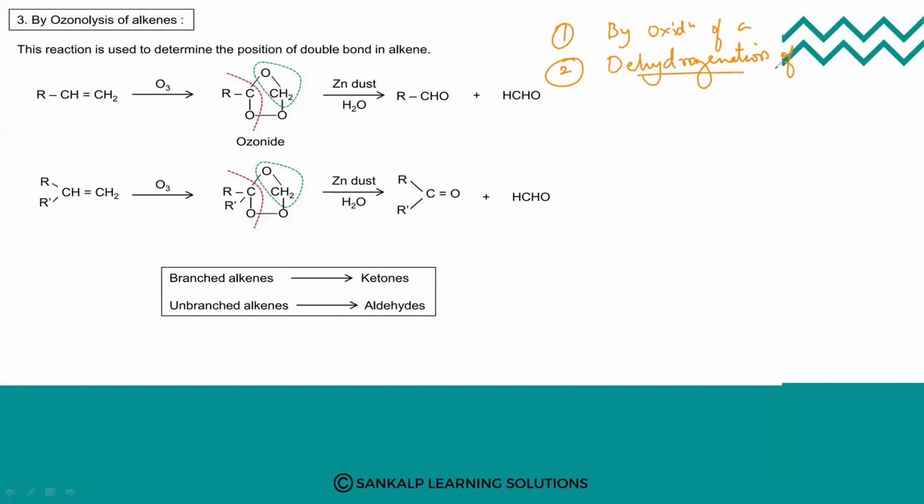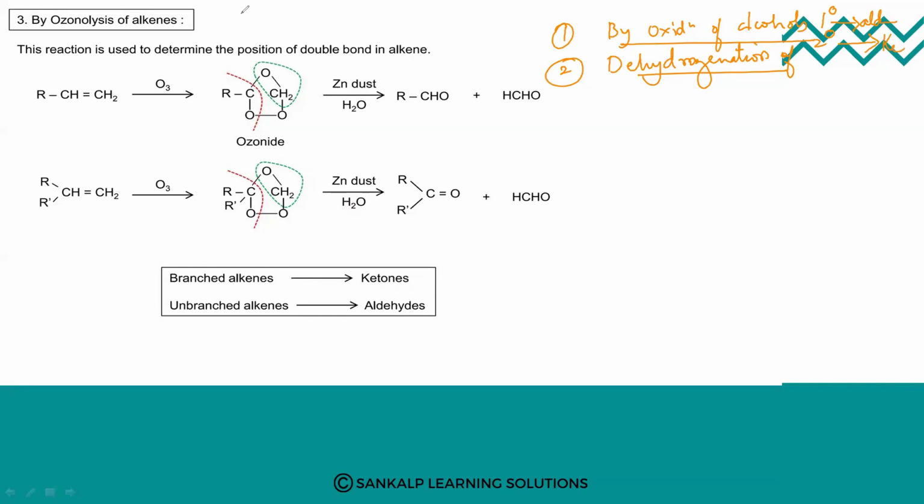By dehydrogenation of alcohols, we get aldehydes or ketones respectively. And in the oxidation process, primary alcohol will undergo oxidation to give you aldehyde, and secondary alcohol will give you ketone. So these things you have to remember.